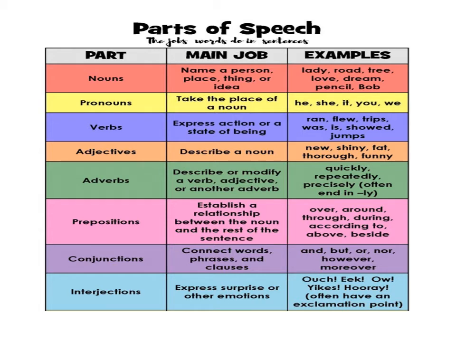If we consider a sentence, for example, they live in a beautiful house. So here in this sentence, can you tell me which word is an adjective? Yes, it is beautiful because it gives you more information about the noun, that is the house.